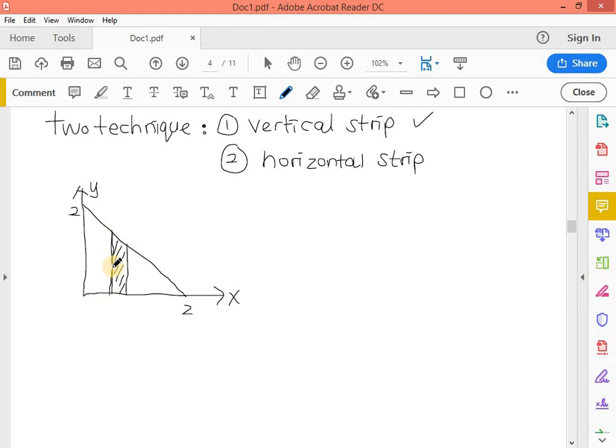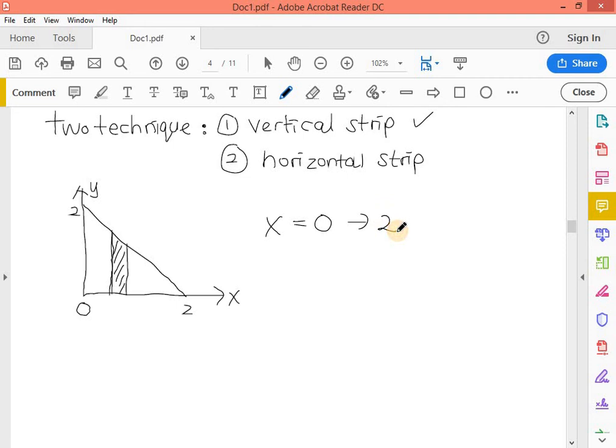Move it to the minimum point of x, it will be 0. You can move it like a line. If you move this line to the minimum, you will have your x equals to 0. If you move this to the maximum, 2, right? You cannot move beyond 2, or beyond 0, because this is the region you want to find its area. So the x will be from 0 to 2.